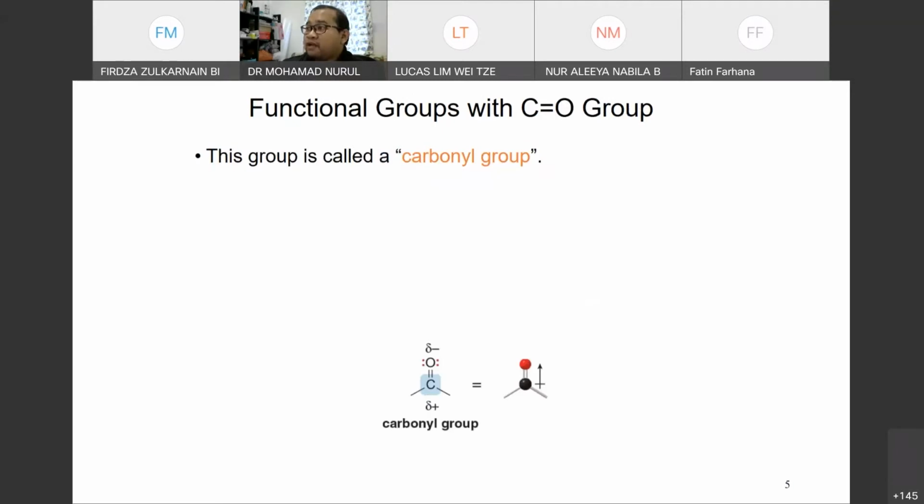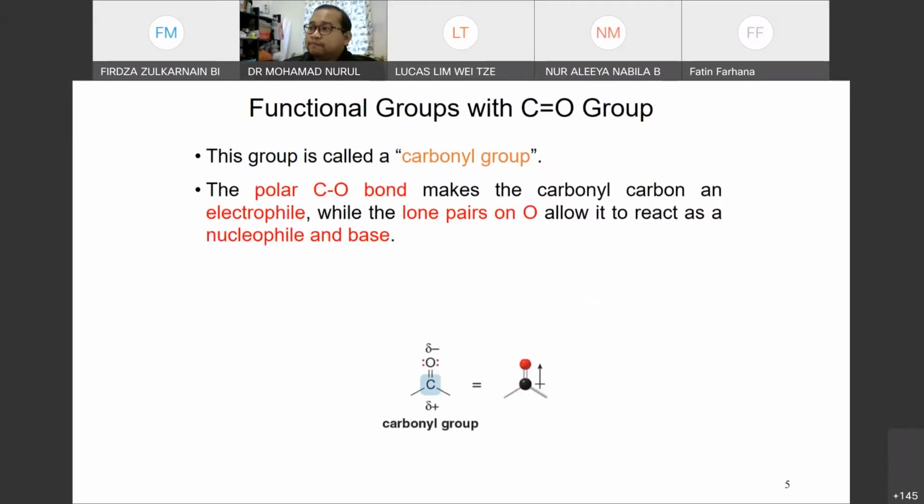Next, functional groups with C double bond O, the carbonyl groups; we have a lot of examples. The C=O bond is a polar bond. The carbonyl is an electrophile, which means this area is willing to accept a nucleophile, or a pair of electrons.